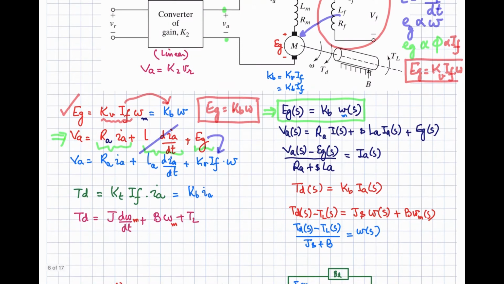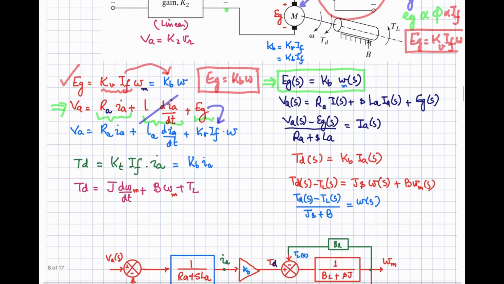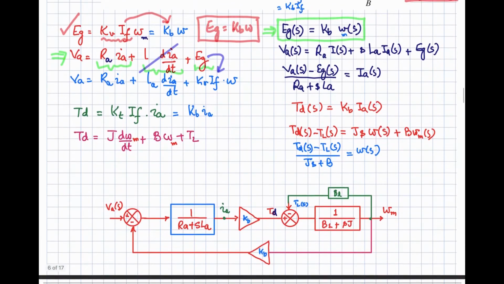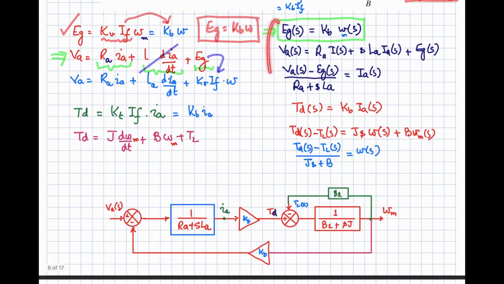Now if we take the Laplace transform of these two equations, from this differential equation we can write this expression, and rearranging we can write it like this. Using these equations, by taking the Laplace transformation, you can develop the control diagram for your DC motor.